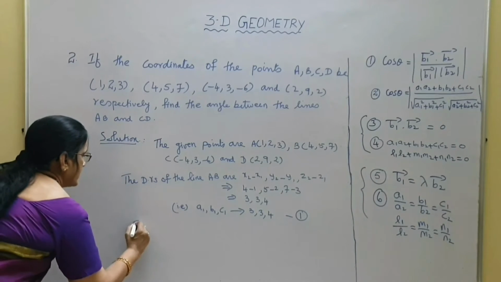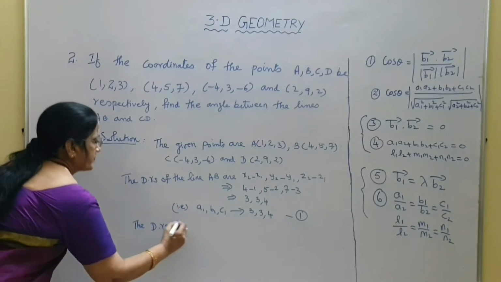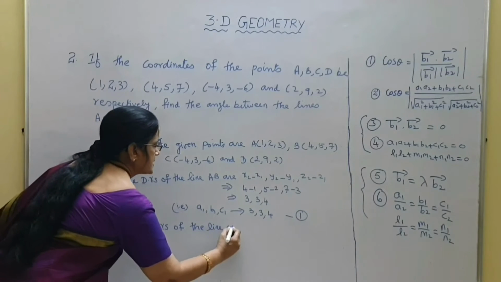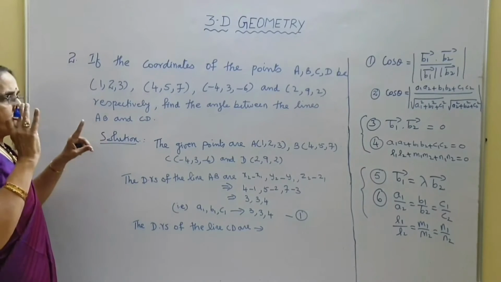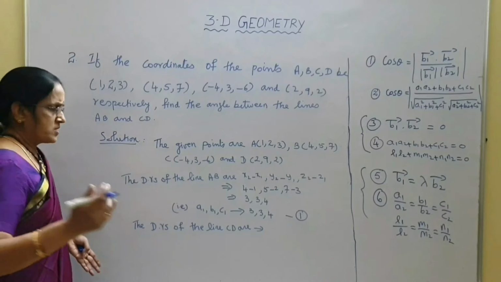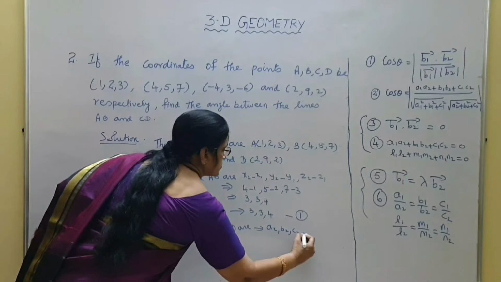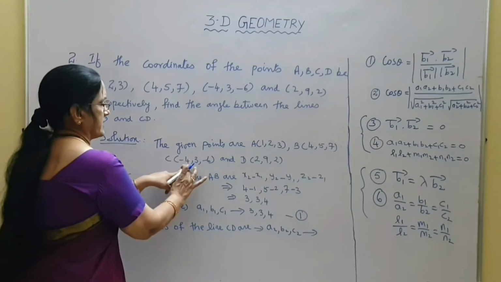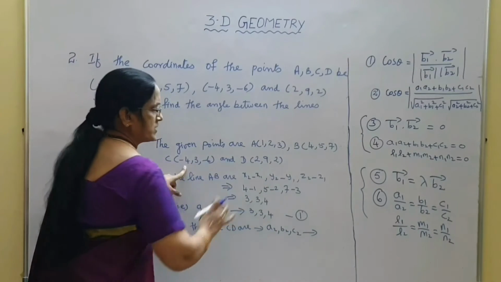Now, the DRs, that is the direction ratios of the line CD are, straight away, let me write. Normally we take it as A2, B2, C2. A2, B2, C2 are nothing but take the point C here x1, y1, z1 and D as x2, y2, z2 and substitute in this formula.